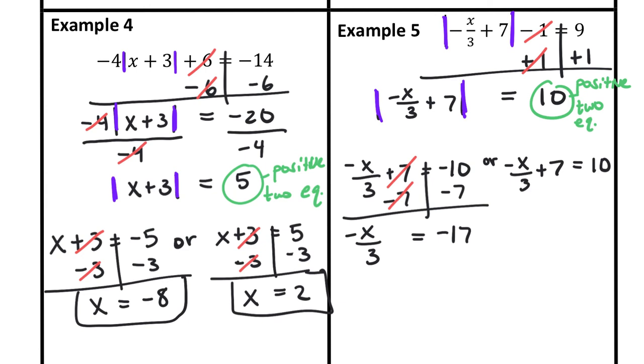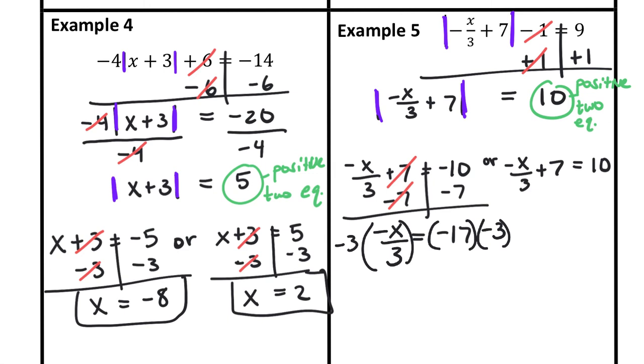Then the next question is, and actually let me move this fraction. Next question is, how do I get rid of that 3 in the negative? So the opposite of dividing by 3 is multiplying by 3. So I'm going to multiply both sides by negative 3. So again, this is multiplication, right?